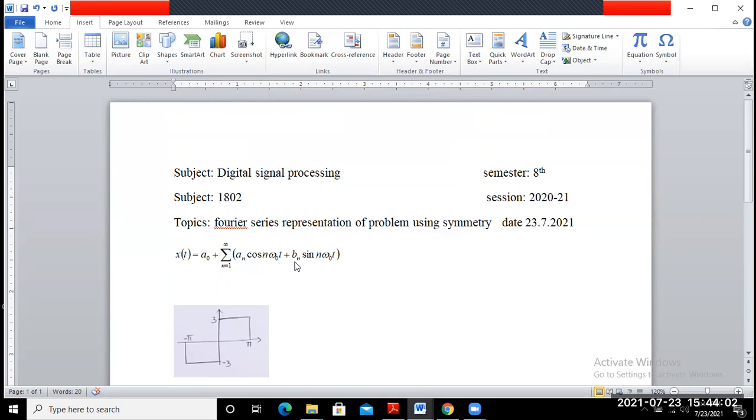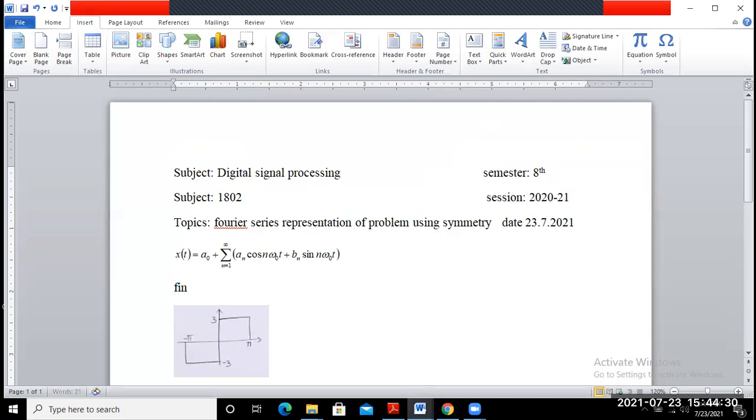Suppose you try to solve this problem: find the trigonometric Fourier series representation of the given waveform.